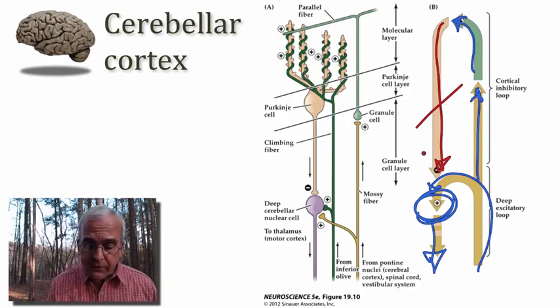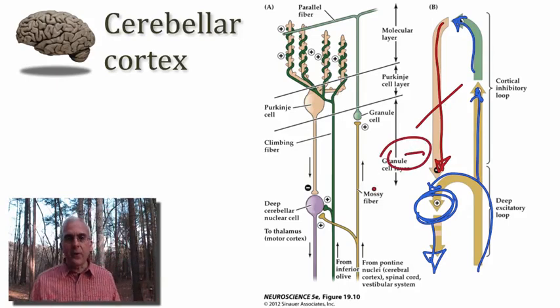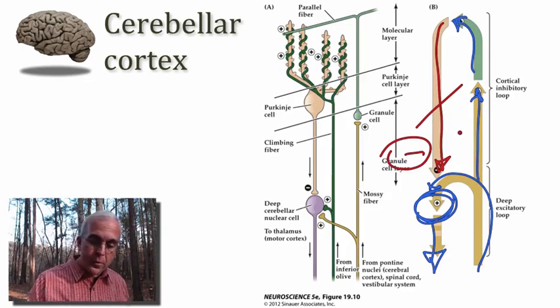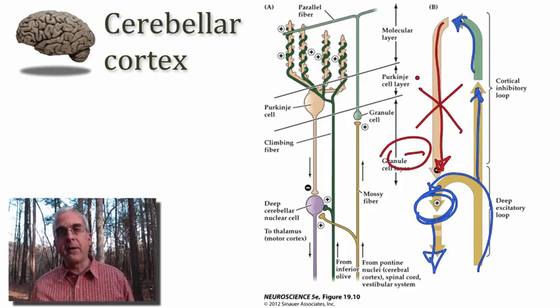Now, knowing that this is an inhibitory connection, if one imagined that motor learning is consistent with a stronger output from the cerebellum, one way to provide that stronger output would be to weaken this input coming down from the cerebellar cortex.